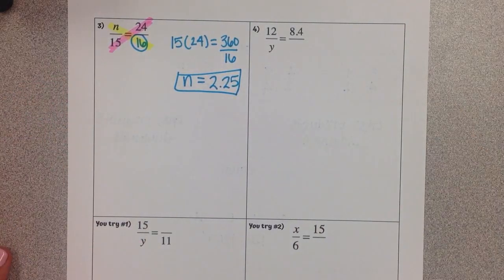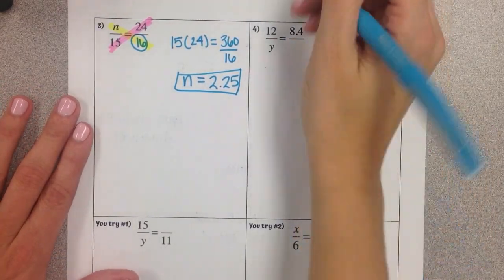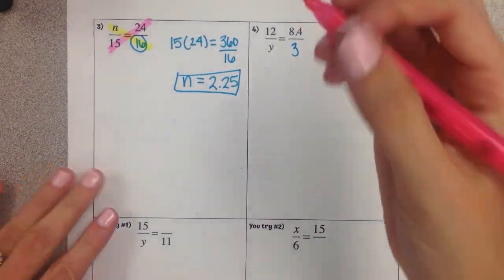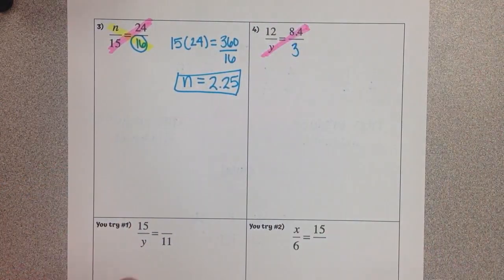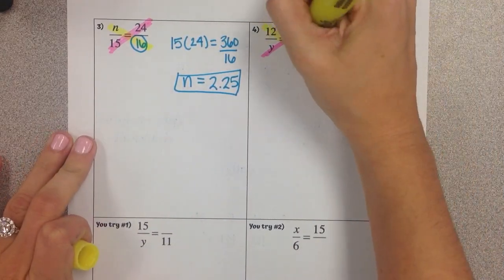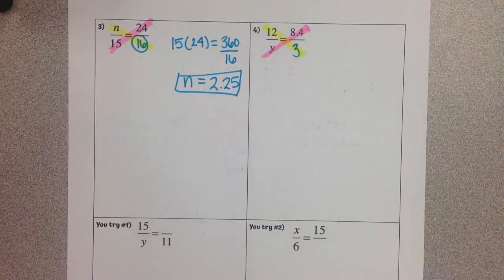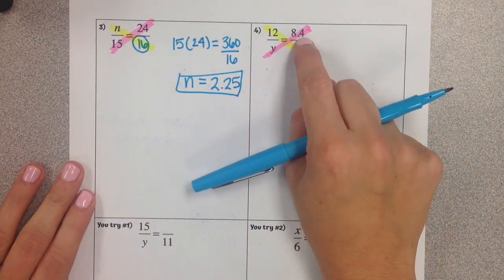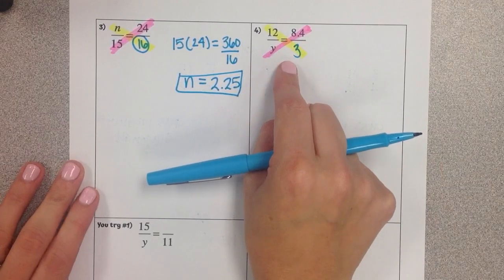All right, one more, and then we're going to have you try the U-tries. So I'm going to plug in the number 3 here, and then following our first steps, highlight our diagonals with the 2 different colors. Which diagonal has 2 numbers in it? We've got y and 8.4 in the pink. We've got 12 and 3 in the yellow.